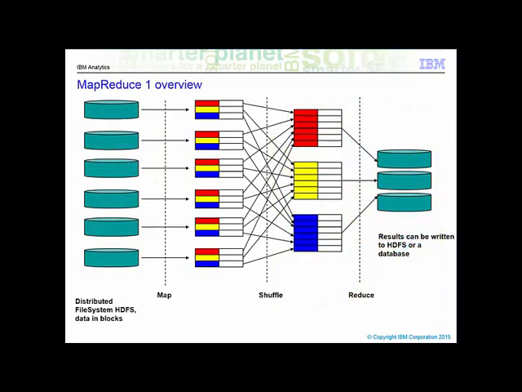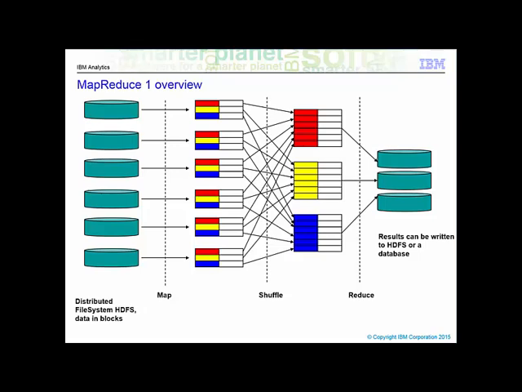This slide provides an overview of the complete MapReduce version 1 process. File blocks stored on different data nodes in HDFS are read and processed by map tasks running on the data nodes where the blocks of data are stored. The output of the map tasks are shuffled, then sent to the reducer tasks, one output file from each mapper task to each of the reducer tasks.